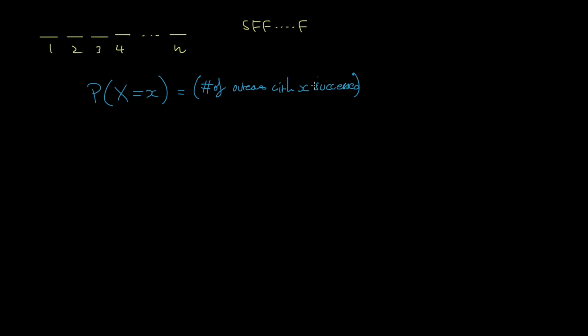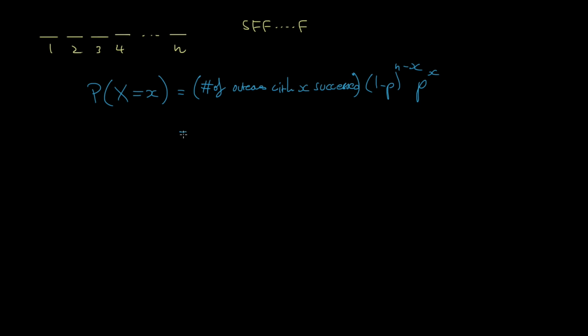It's going to be multiplied by the probability of failing to the power of the number of failures we have to have if we've got x successes, which is going to be the total number of trials we have minus the number of successes, so n minus x, multiplied by p, the probability of succeeding, to the power of the number of successes we have, which is little x.